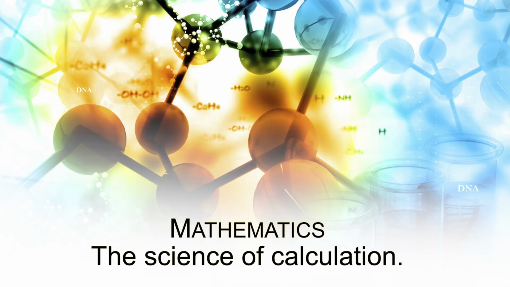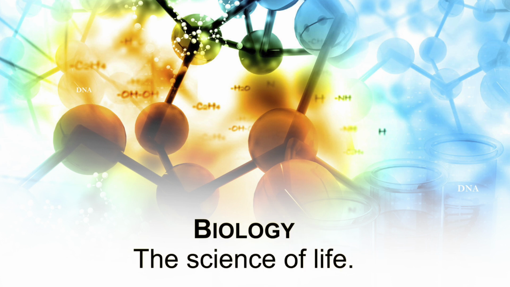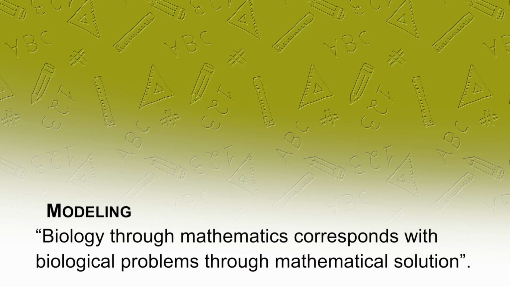We simply see that the science of calculation is mathematics and the science of life is biology. Then all the biological problems are transformed into mathematical problems. Thus, we have to solve mathematical problems instead of biological problems for an exact or perfect result.